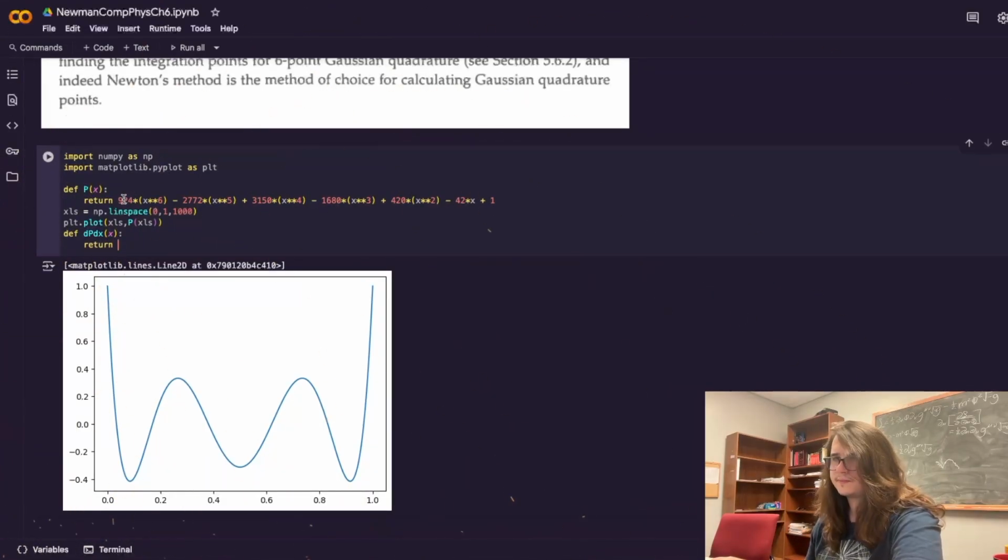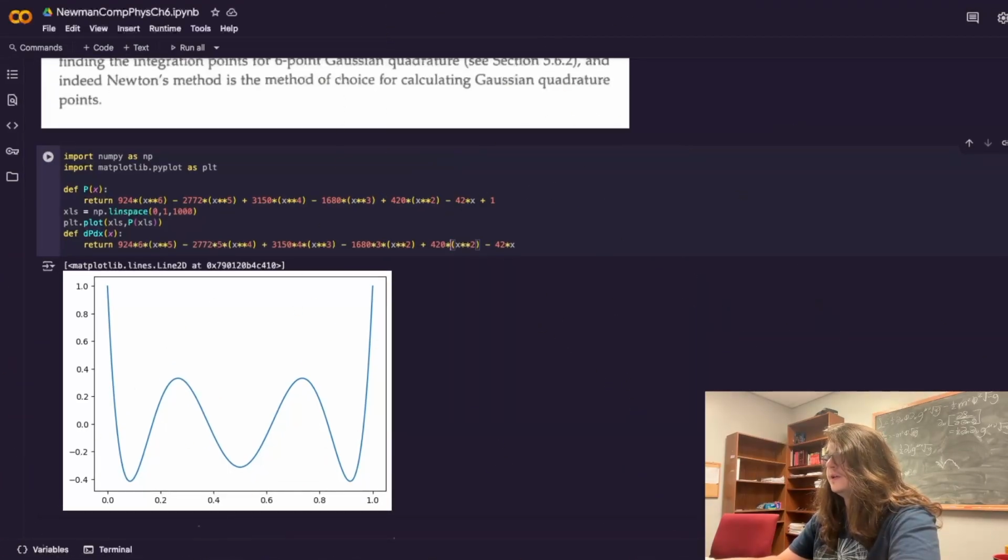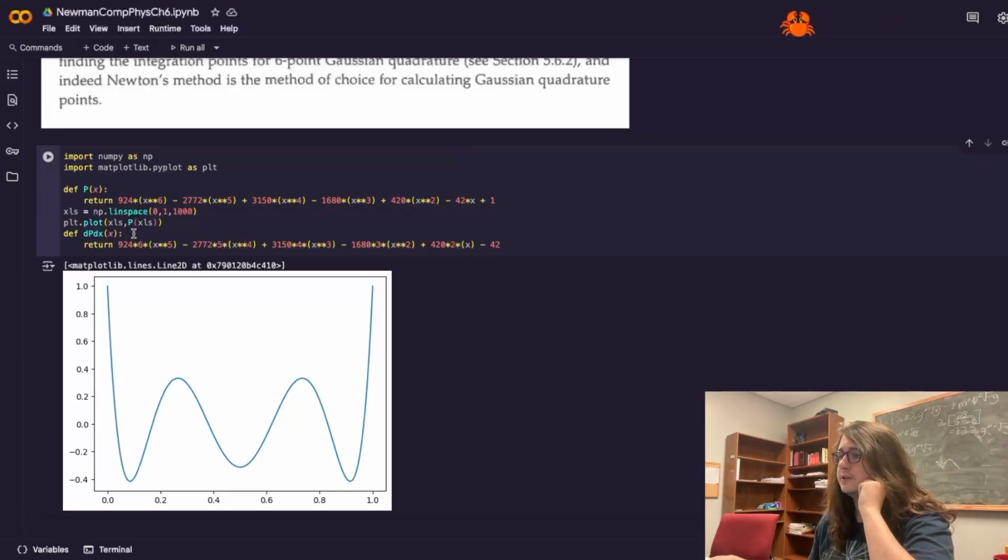I'm even just going to copy down these terms here into the return line, but then this is going to be times 6 times x to the 5, times 5 times x to the 4, times 4 times x to the 3rd, times 3 times x squared, times 2 times x to the nothing, minus 42. That was relatively painless, I think.